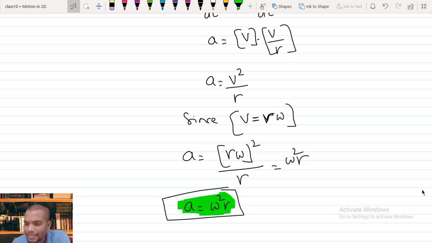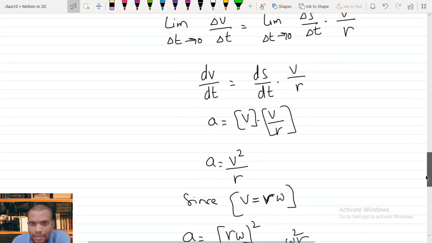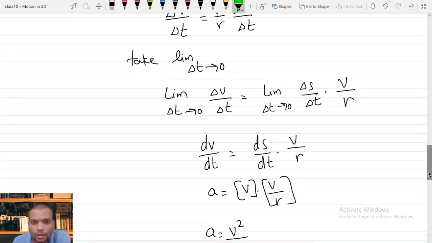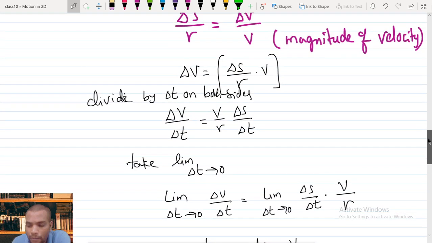So what about the direction? To get the direction, we need to look here. When delta t tends to 0, the angle delta theta approaches 0. So this is the reason the acceleration always acts towards the center.